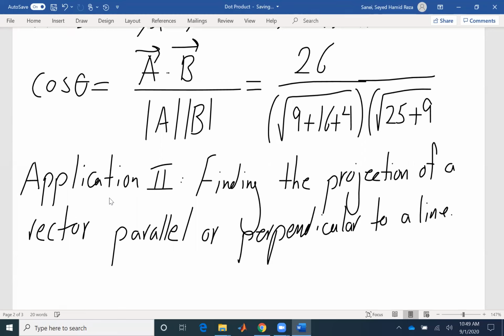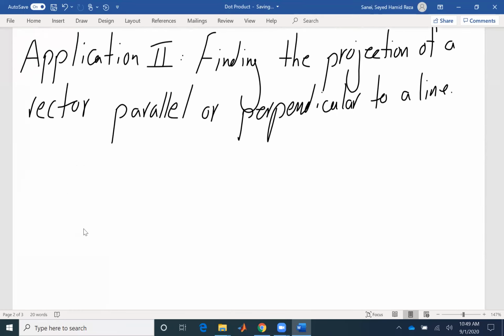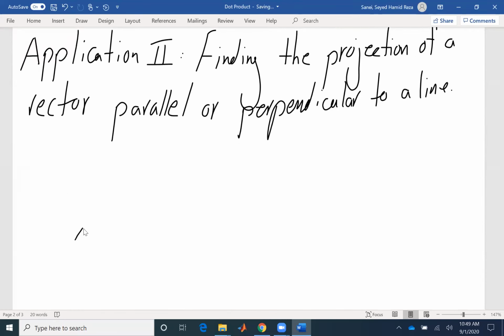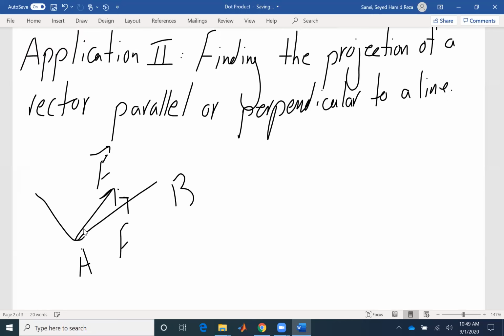So let's say we have a vector F, we have a force here. I'm going to find the projection. Let's say this is point A, this is point B. I'm going to find F AB, the projection of vector F on line AB.